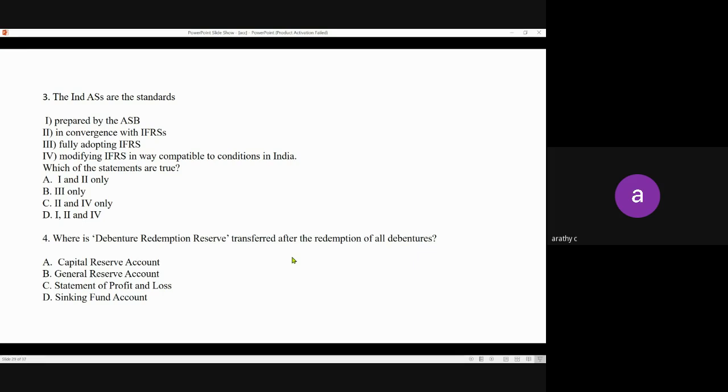The next question. Where is debenture redemption reserve transferred after the redemption of all debentures? Option A, capital reserve account, B, general reserve account, C, statement of profit and loss, and D, sinking fund account.